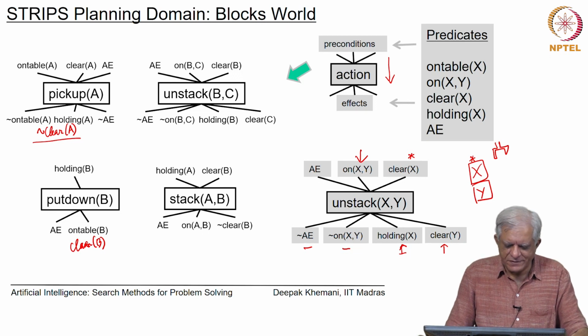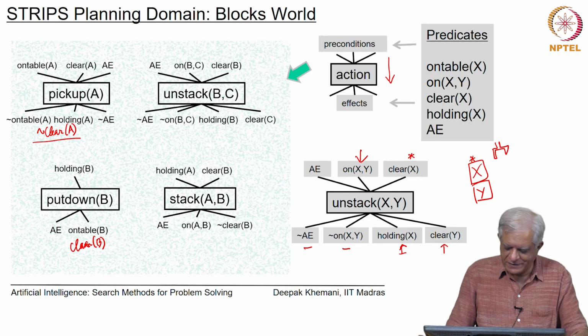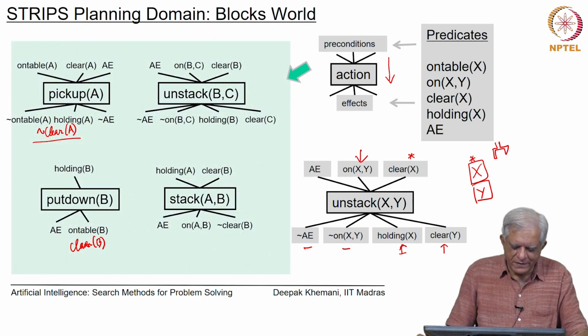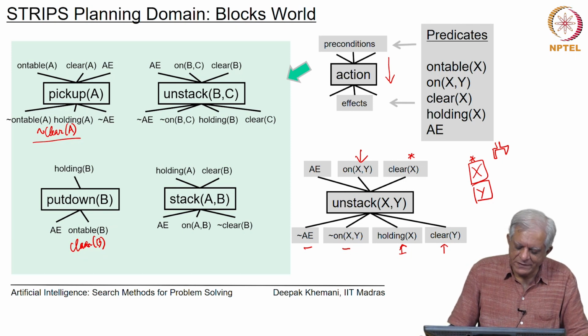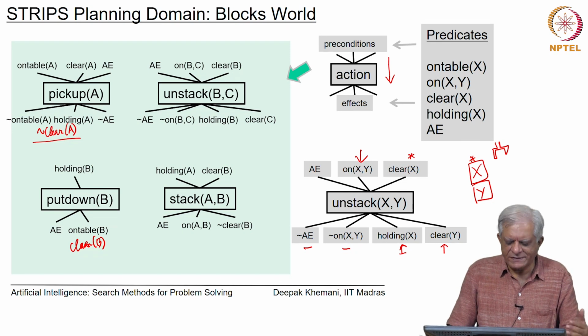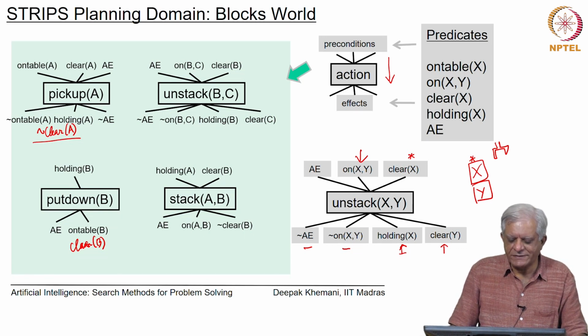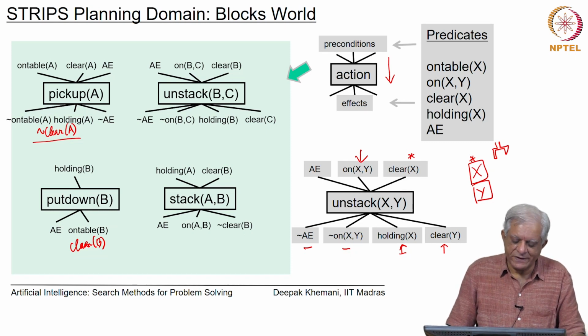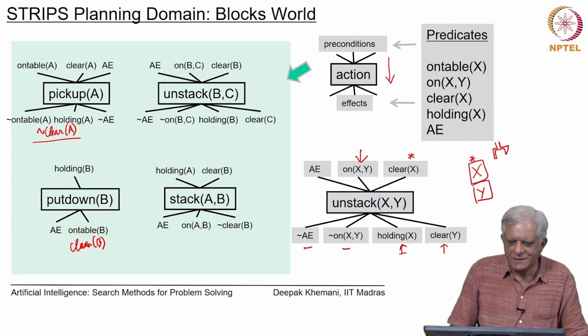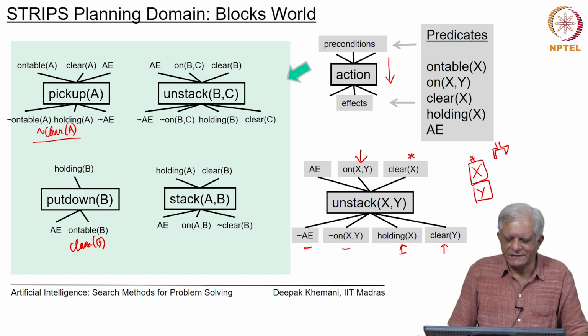Okay. So, these are the basic operators from the STRIPS planning world, and you can define your own operators in any problem domain that you are working in. As an exercise, I would encourage you to modify or extend these operators to a multi-armed robot situation, where there is more than one arm, and we will also extend the planning domain to say that you can do concurrent actions, that both the arms, for example, can pick up objects at the same time.